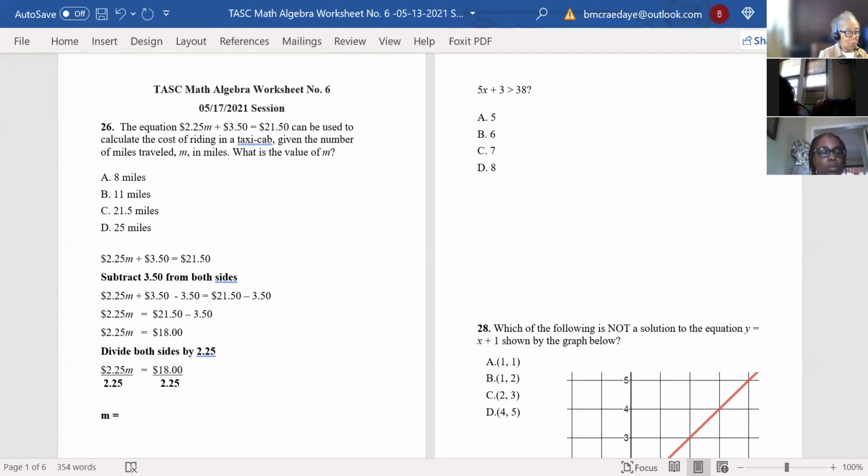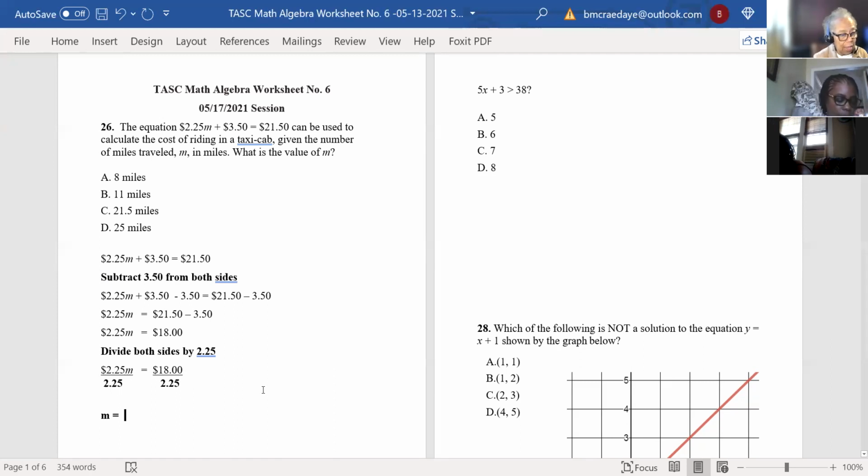18 divided by 2.25. Yes. What's the value when you divide 18 by 2.25? One moment, let me just do it. Divide 18 by 2.25. That's really $18 divided by $2.25.